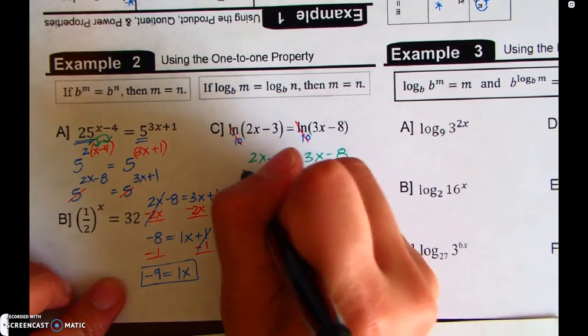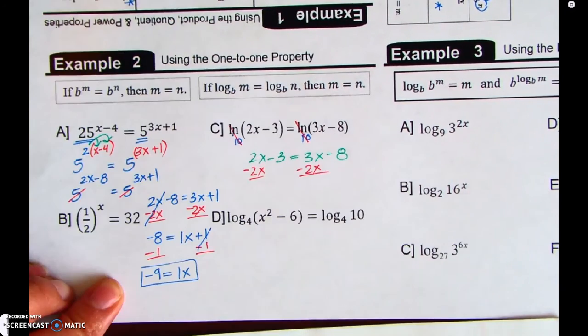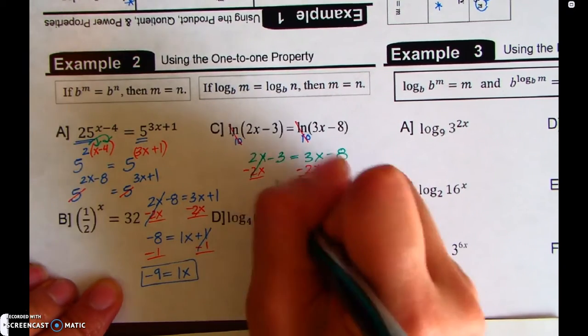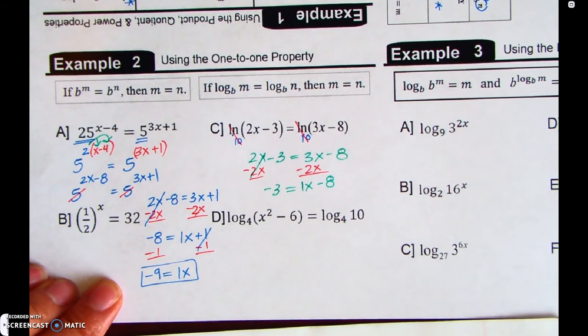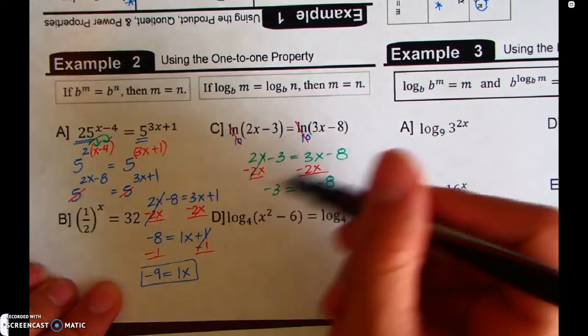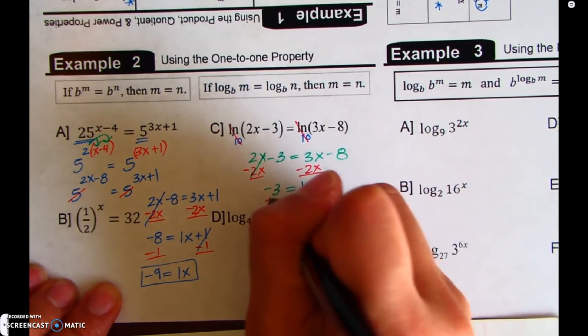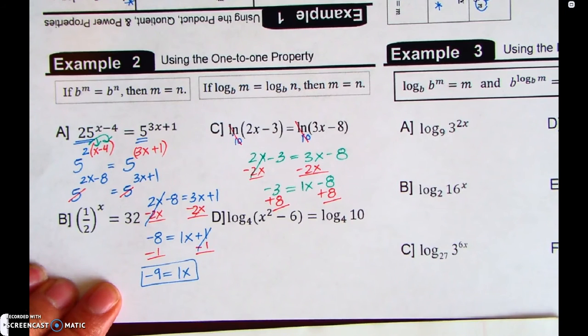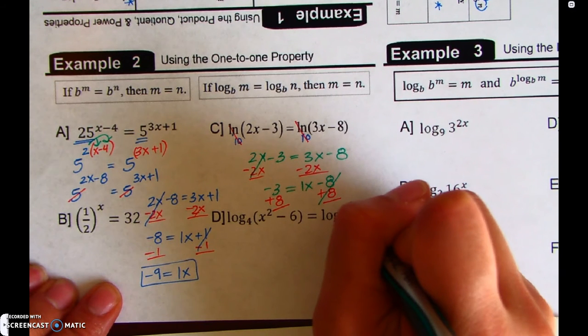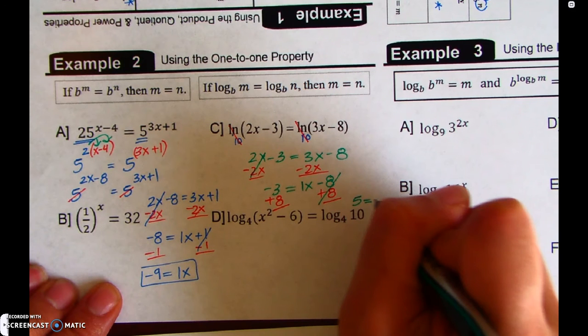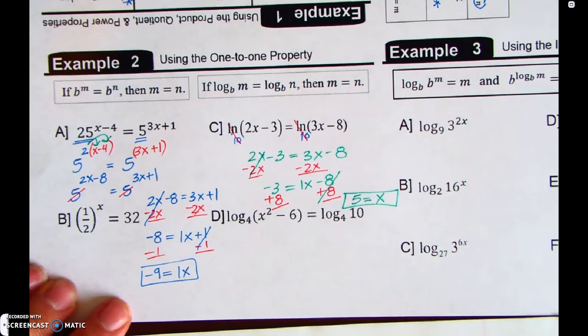We need to subtract 2 x's from both sides, and you're left with negative 3 is equal to 1x minus 8. But I can't leave the minus 8 on that side because I've got to get x by itself, so I'm going to do the opposite, which is to add 8 to both sides. And negative 3 plus 8 is actually equal to, and I'm sorry that I ran out of space, but it's actually equal to 5 is equal to x.